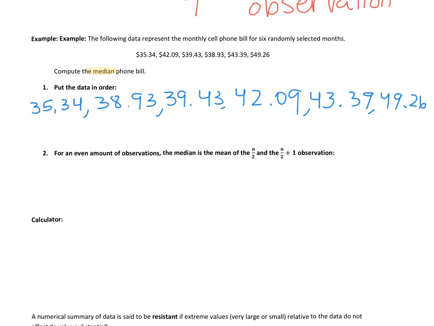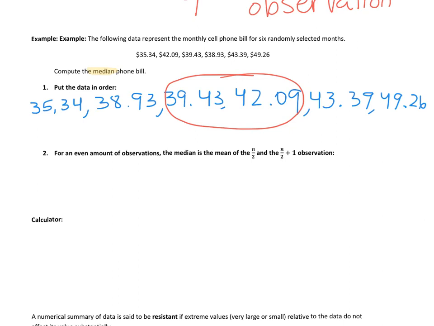Okay, so again, the median is the physical middle. We can do the same thing as before. Put our fingers on the smallest and largest and then walk them in one by one. And this time when we do that, we actually get 2 numbers in the middle, 39.43 and 42.09.